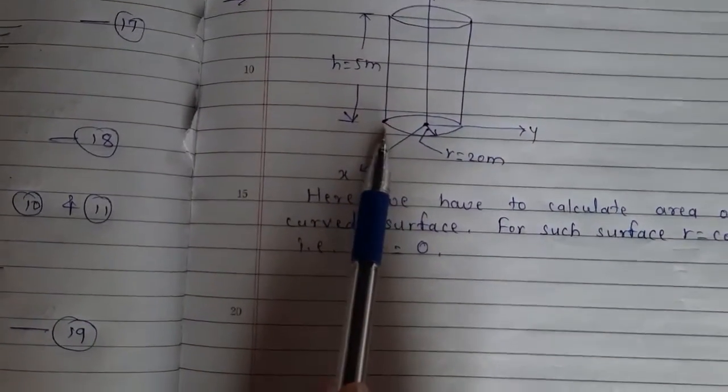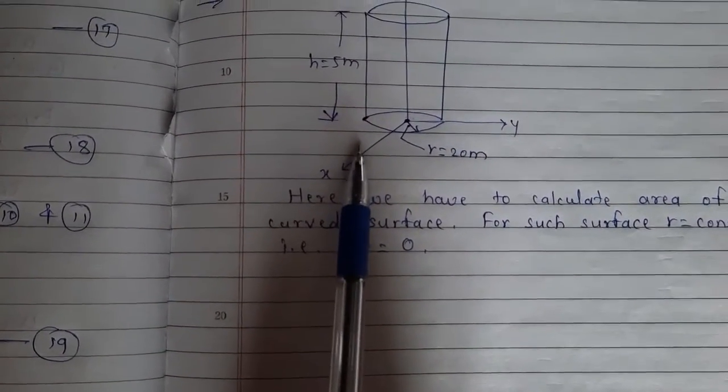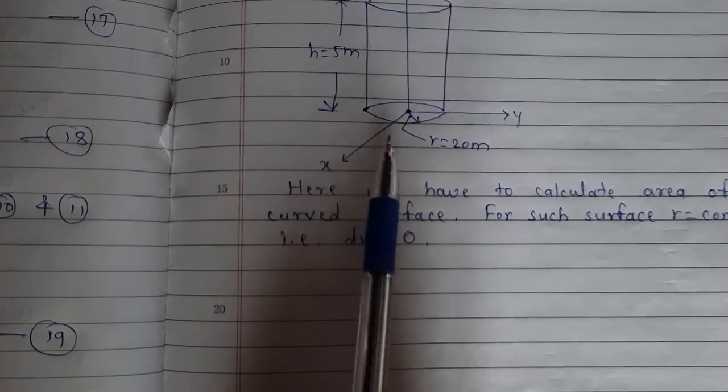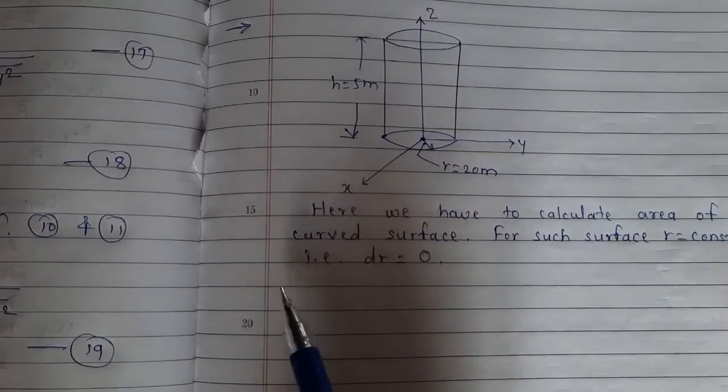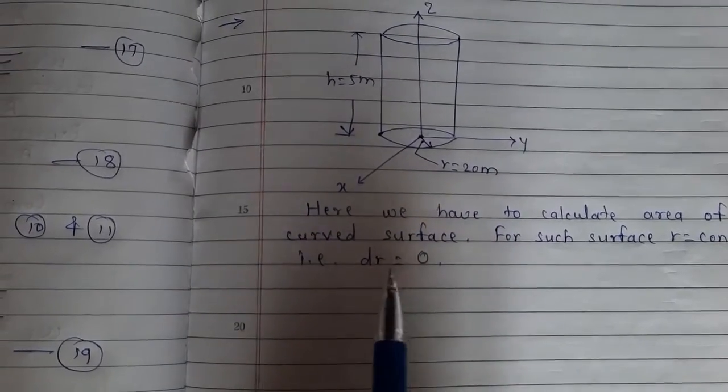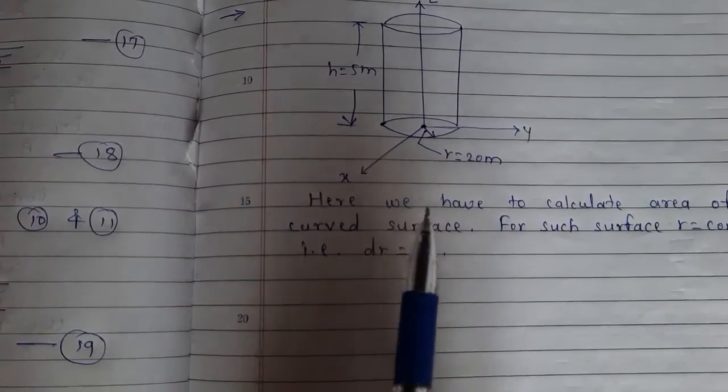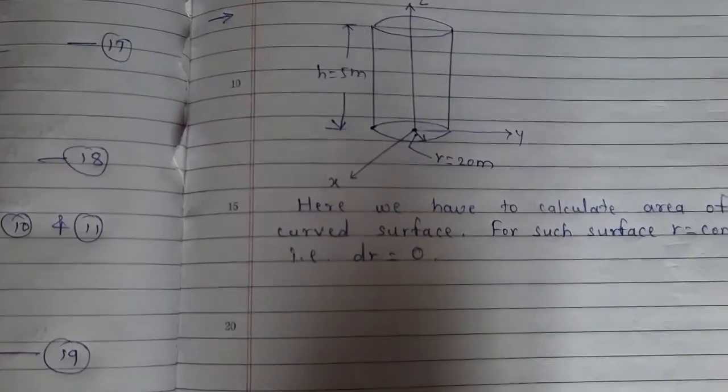Next, from the diagram it is clearly shown that the cylinder is placed along the z axis. So the height of the cylinder is given, that is h is equal to 5, so z is also 5 meter.